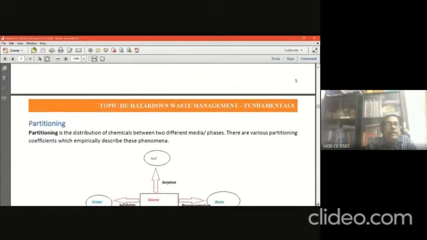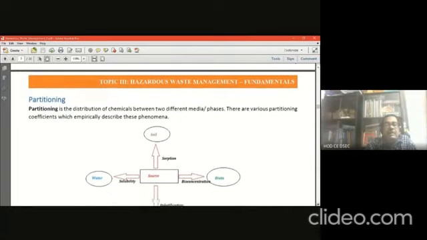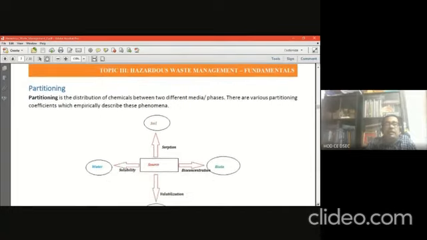Fine. Partitioning. Partitioning is a common phenomenon in hazardous waste management that you see from the figure. What I have shown is the source, that is the source of hazardous waste. Absorption takes place when the interaction takes place with the soil, the upper portion. If we look at the rightward portion, then bioconcentration takes place with the biota.